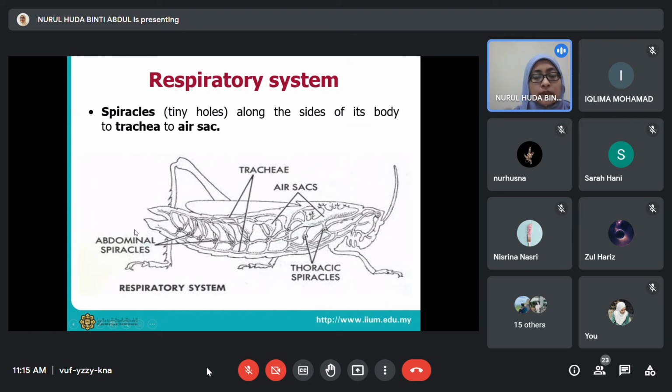through abdominal spiracle. So they have from the abdominal spiracle and then absorb the air through the trachea. So here you can see the trachea, and then from trachea to the assac. Assac is yang ruangan besar ni. Sikit kalau kamu tengok lah dekat dia punya label ni. Okay, from spiracle to trachea to assac.